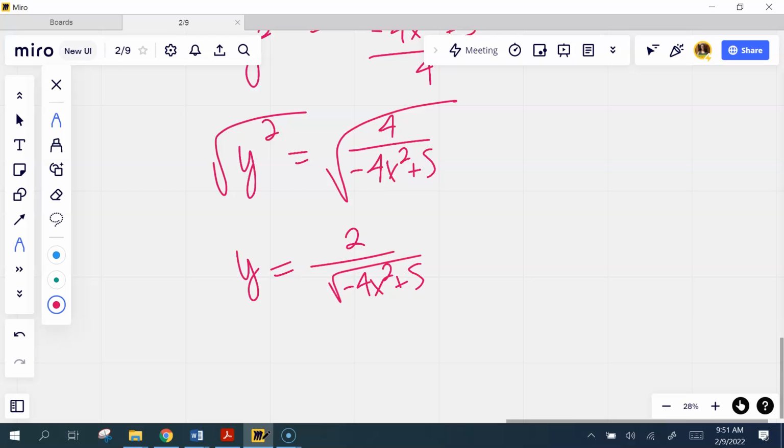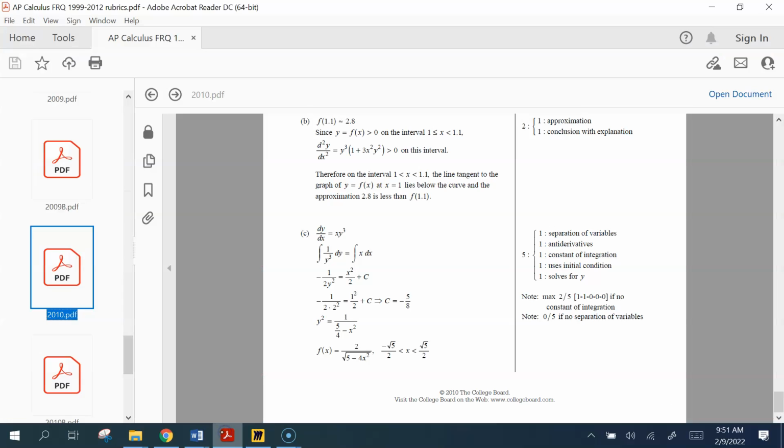But you got a 1 up top. Something went wrong. I got 2 on top. Probably because they actually square root everything in that answer. Oh, they put a 1 over everything.